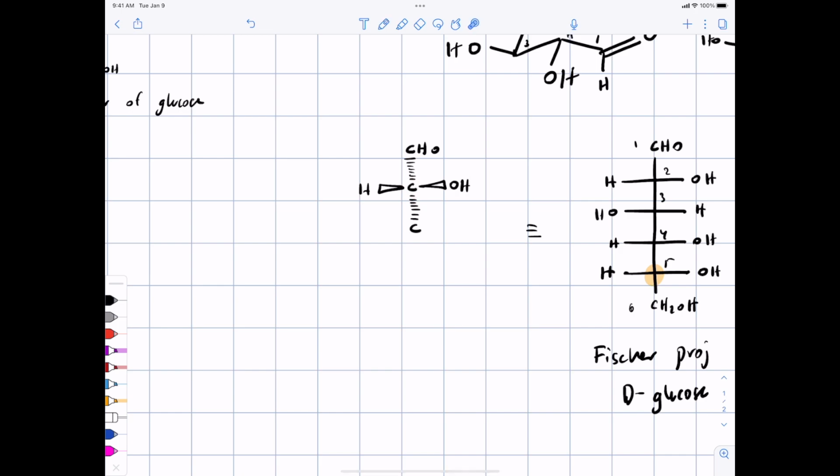So here's C2. The OH is coming out towards us, but to the right, the proton is coming out towards us to the left. This aldehyde group is back away from us towards the top, and the next carbon is back away from us towards the bottom. And we can continue that way, all the way down through the Fischer projection. 1, 2, 3, 4.